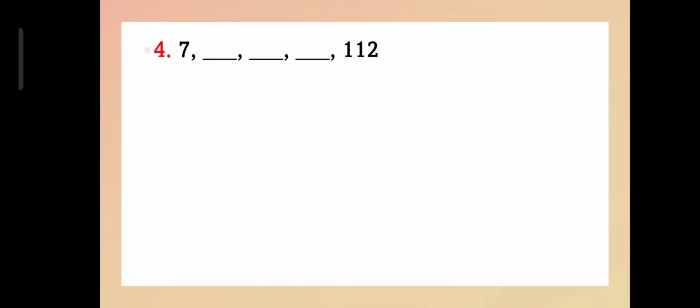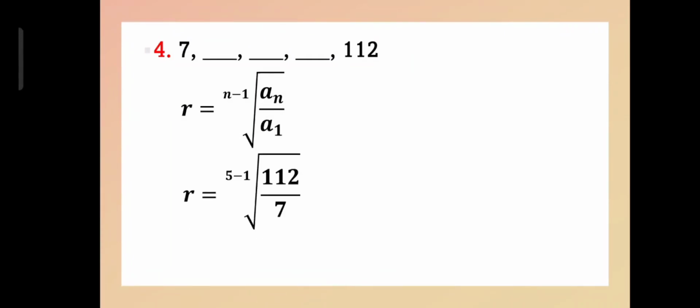Example, determine the three geometric means between 7 and 112. So let us use the formula for common ratio. R is equal to the n minus 1 root of a sub n over a sub 1. Substitute the given.